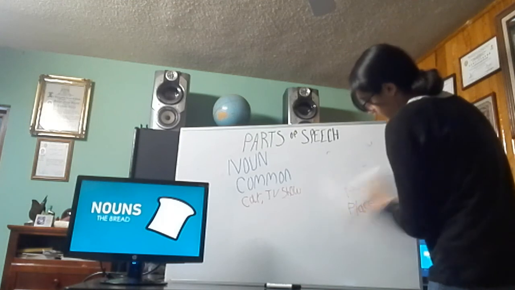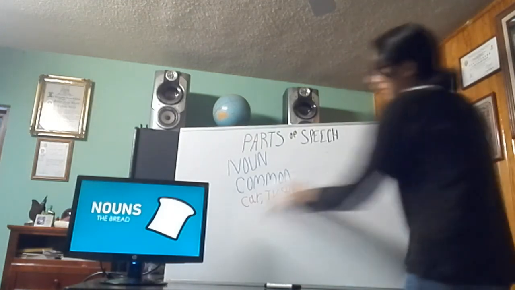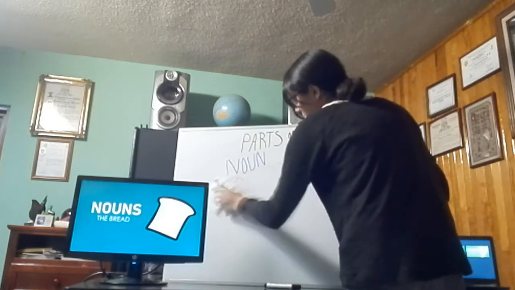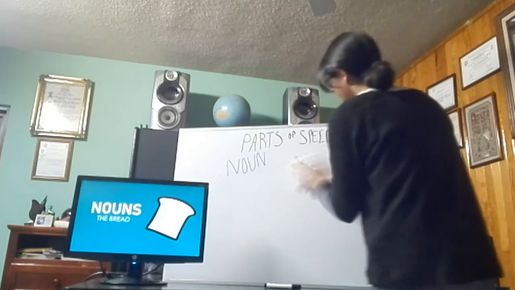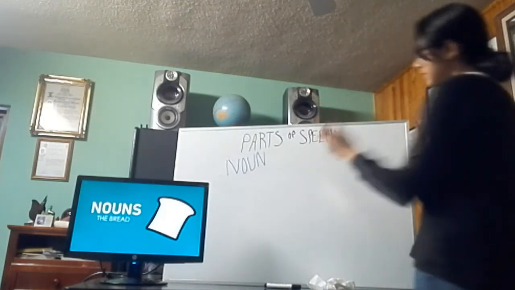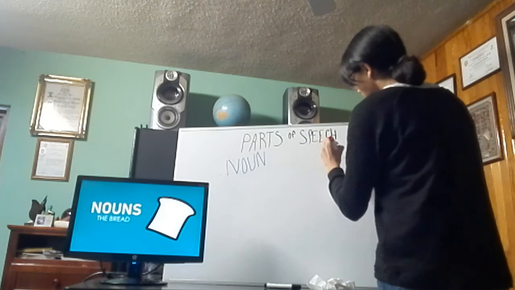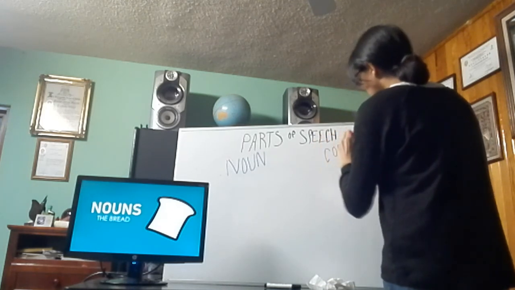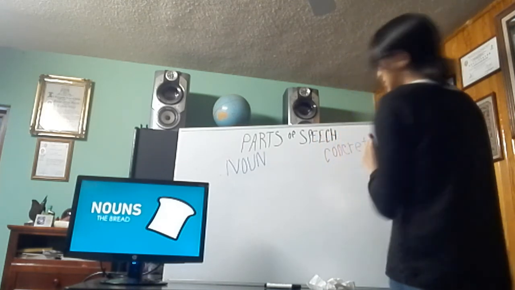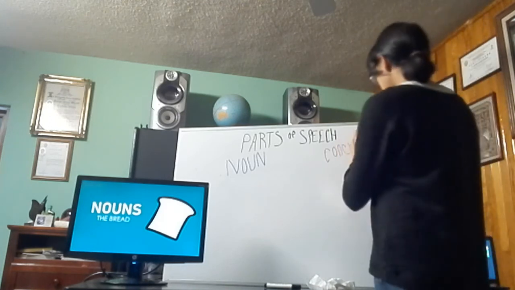Other ways that you can specify a noun are the next ones. You can say that a noun is abstract, or you can say that a noun is concrete. When we talk about concrete nouns, we are usually talking about things that we can perceive with our 5 senses.